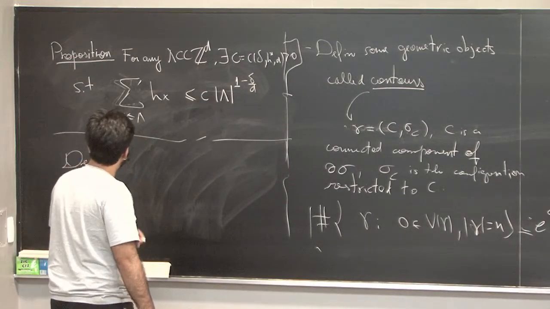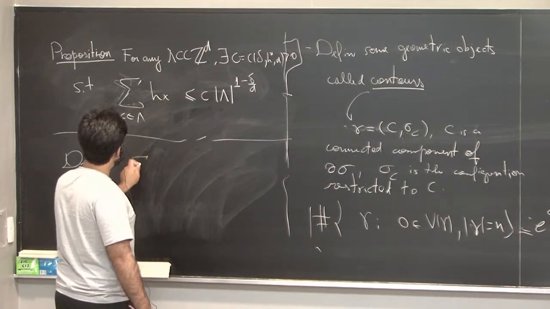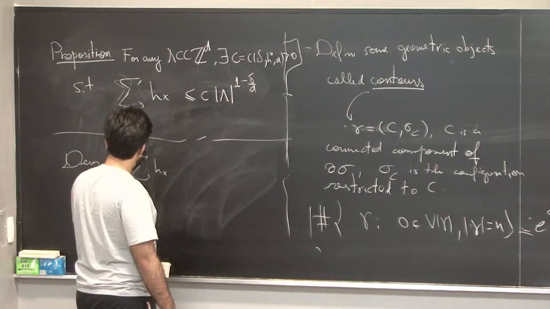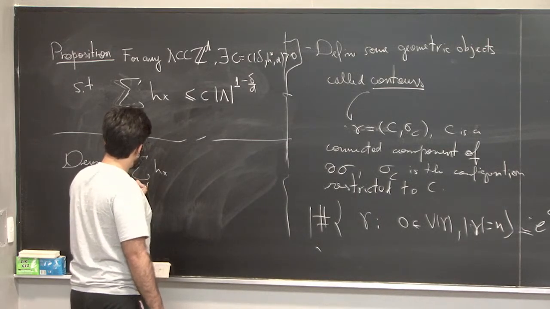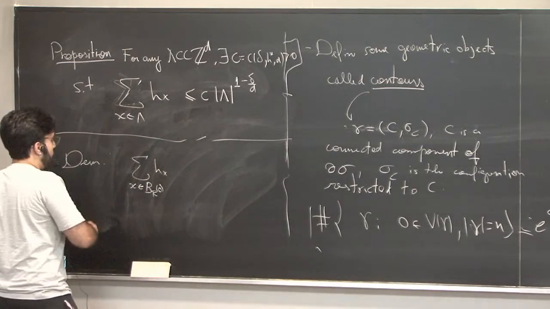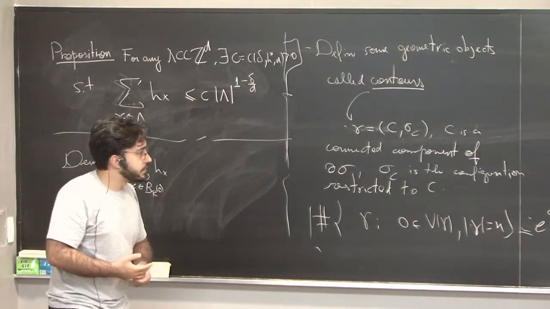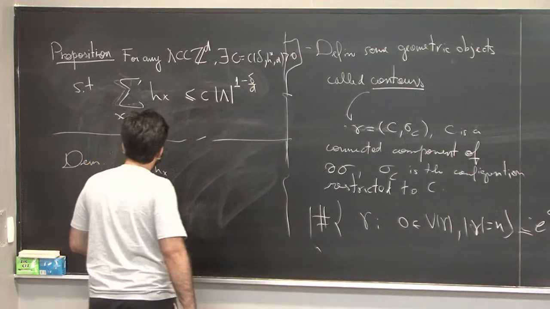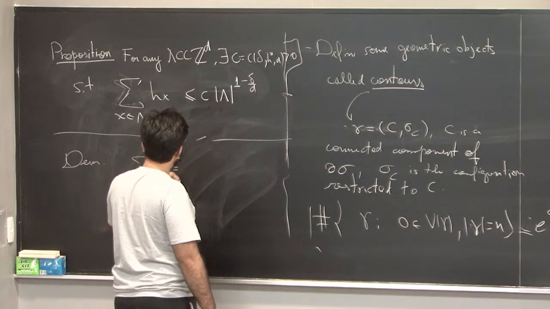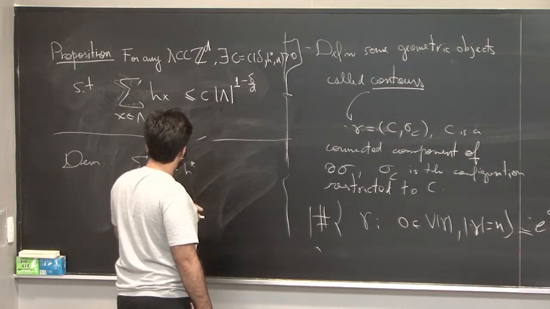We started with a ball of radius r centered at 0, and then we divided the ball into layers.